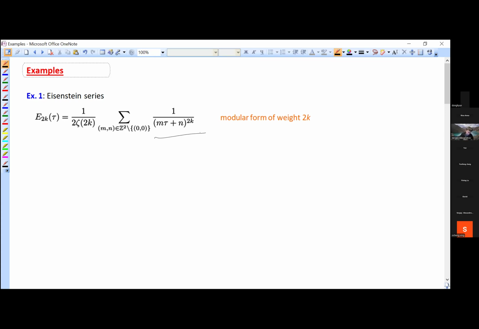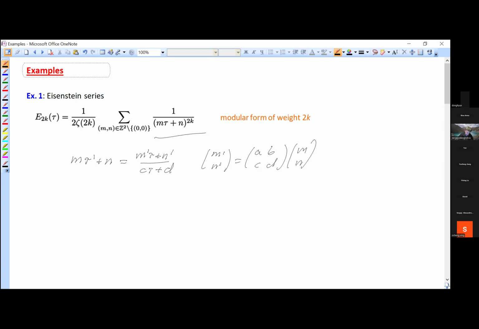Because if we denote by tau prime this fractional linear transformation, a tau plus b divided by c tau plus d, then it's easy to see that m tau prime plus n is the same as m prime tau plus n prime times c tau plus d, where m prime and n prime are like this. And it means that you can just relabel the change.